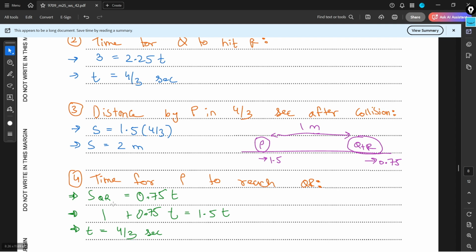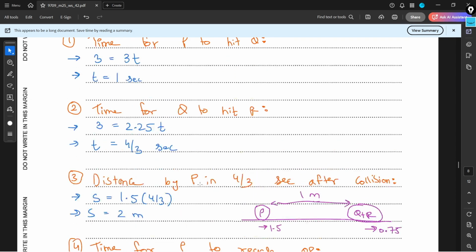And then I'm saying that for the particle P, it's going to be 1 meter between P plus QR, and then the additional distance that QR is going to travel is 0.75t, which equals ut. Because P is having the speed of 1.5, that is why I used 1.5t over here. If you solve this equation, you will get the value of the time interval for P to catch up with the particle QR to be again 4 by 3 seconds.